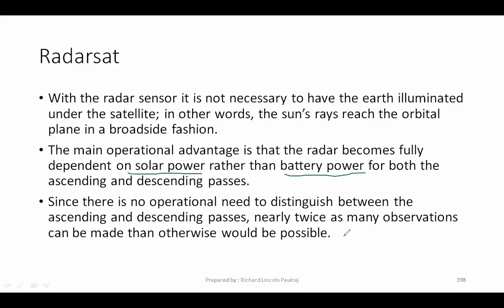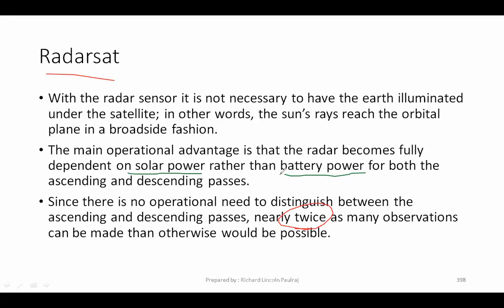Since this satellite is always in view, we will be able to make the best use of it, and we can extract more data from it. It is estimated that you can take about twice the data from this Radarsat, just because it is always available.